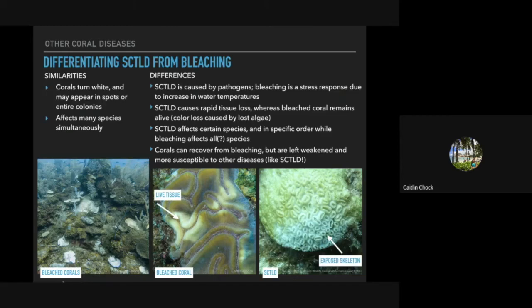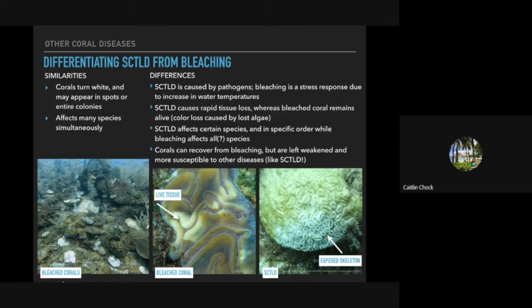The differences: SCTLD is caused by pathogens, and bleaching is a stress response due to increase in water temperatures. SCTLD causes rapid tissue loss, whereas bleached coral remains alive. The color loss is caused by lost algae, but at least initially, the coral does remain alive. And if the water temperatures lower again, the corals can recover and take back their algae.